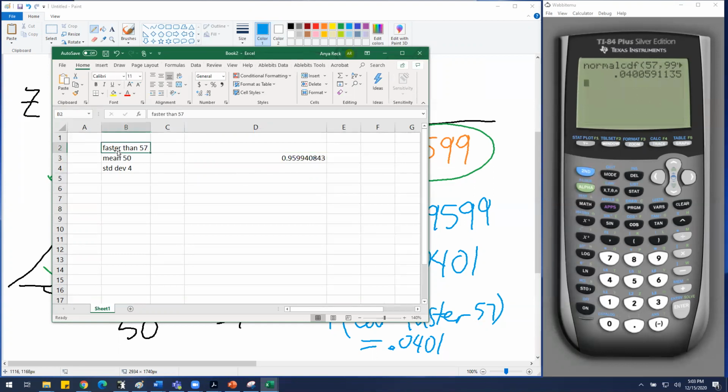To get faster than 57, we need the probability to the right. So in order to do that, you need to do 1 minus the probability. So equal 1 minus, and click on the previous probability answer, press enter, and what do you know? This number matches the same number we found in the calculator and also by hand if we round to 4 decimal places.